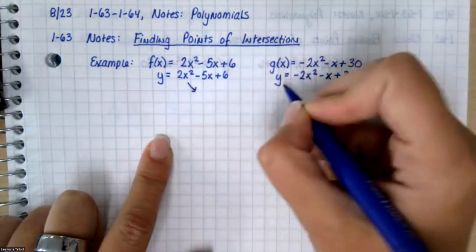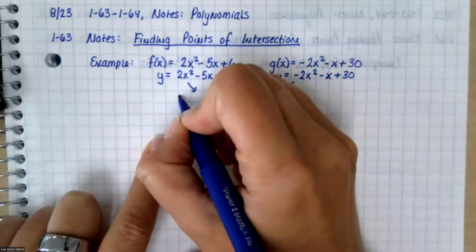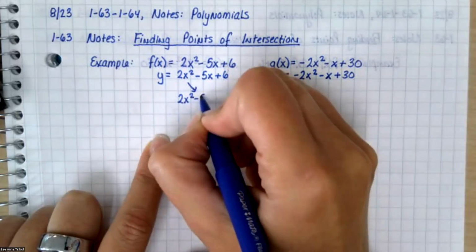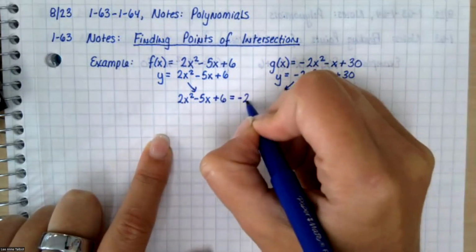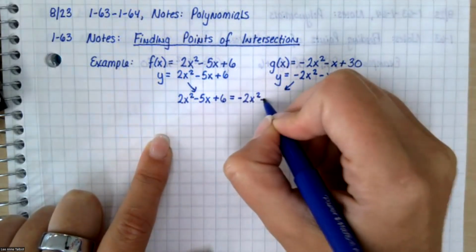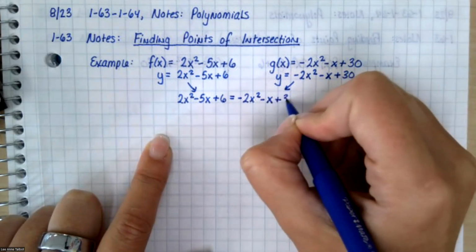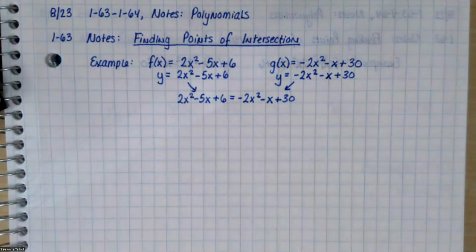So that's equal values method. If they both equal y, then they equal each other.